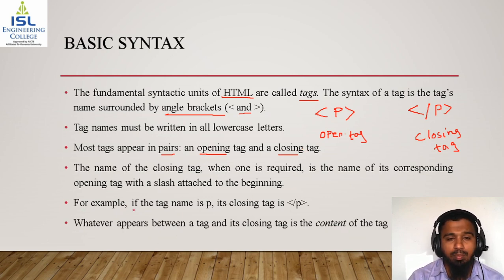Next, for example, the tag name is P, its closing tag is slash P. Whatever example I just told you, the same thing. This is a syntax, okay? Whatever appears between a tag and its closing tag is the content of the tag, meaning whatever you want to write between these two tags, like hello.